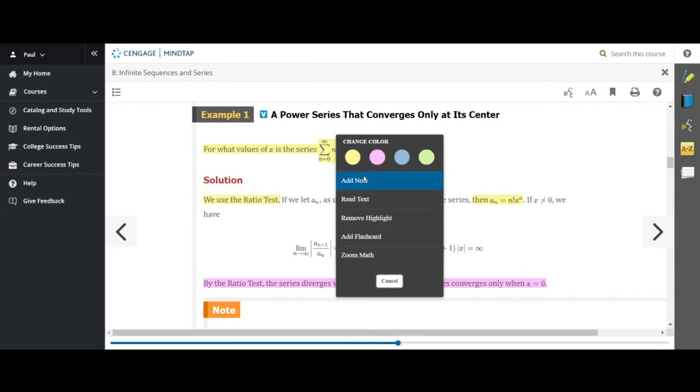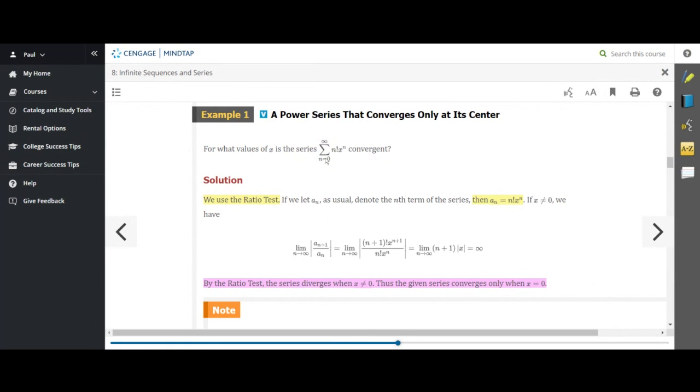If we were to substitute in 0 for x for that power series, all the terms would equal 0, right? Because 0 to any power would be 0. So there you go.